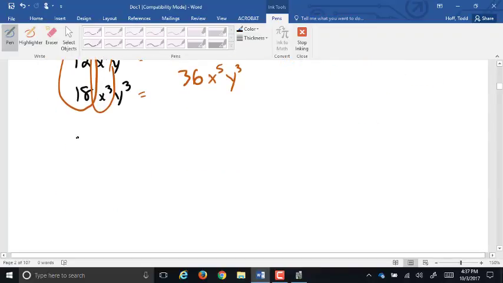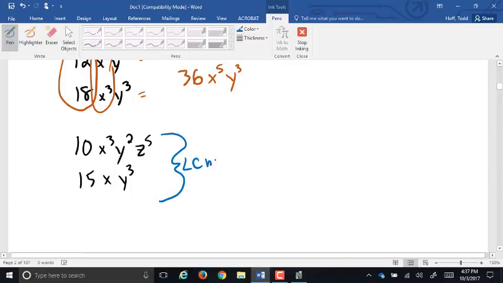So if I have 10 x to the 3rd, y squared z to the 5th, and 15 x y to the 3rd. My least common multiple. For 10 and 15, what's the least common multiple of those numbers? 30, very good. For the x, well, it's either going to be 3 or 1.